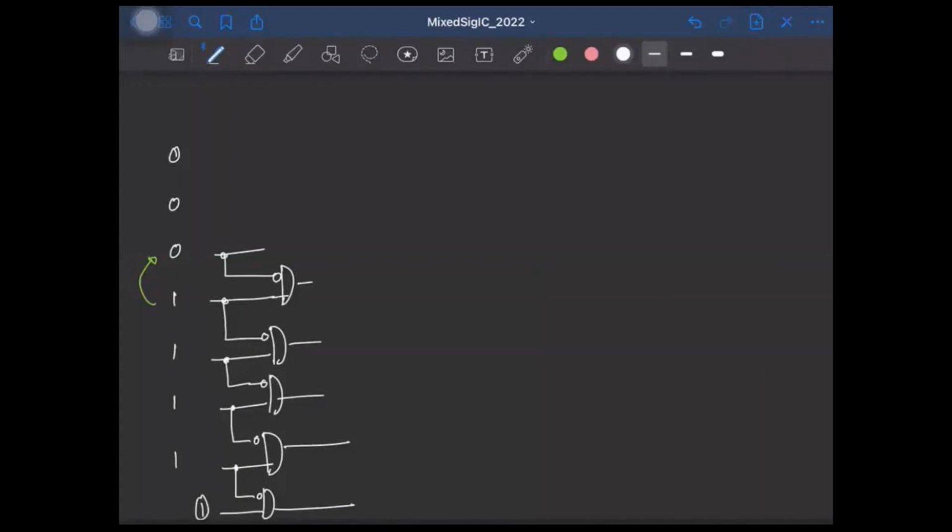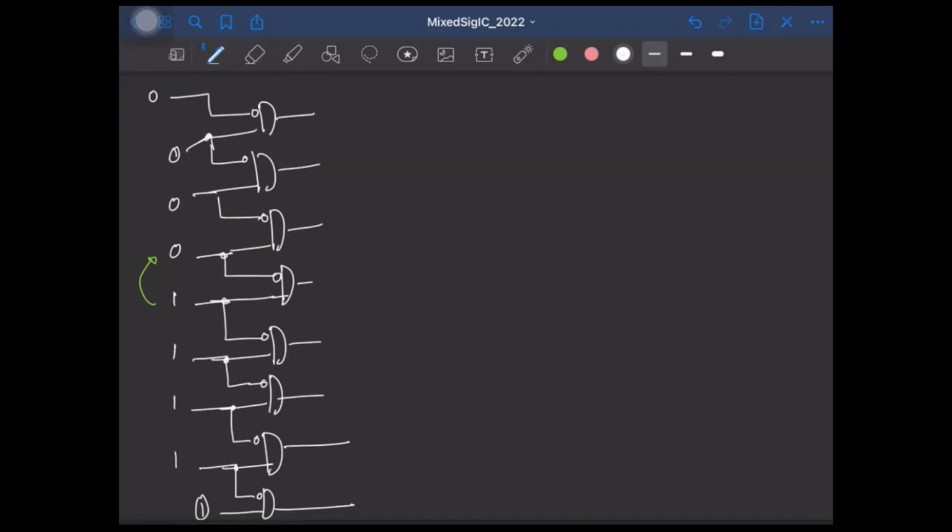So similarly, we'll do it for everything. And for the top one also, we'll assume that we have an input 0 that's getting added to this.